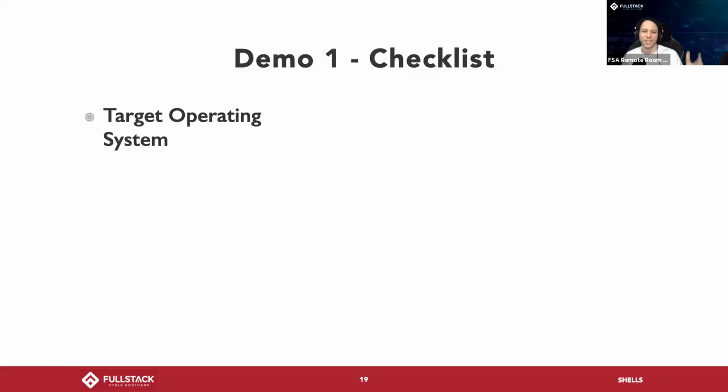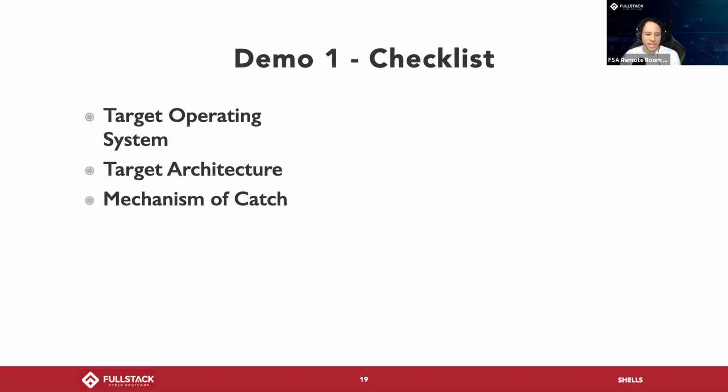So what do I need to know to use msfvenom to build my poison, to build my payload here? I need the target operating system, right? Well, we already know my Debian machine is Linux, right? I think it's x86, but we'll check what the architecture is for the Linux machine. The mechanism of the catch.